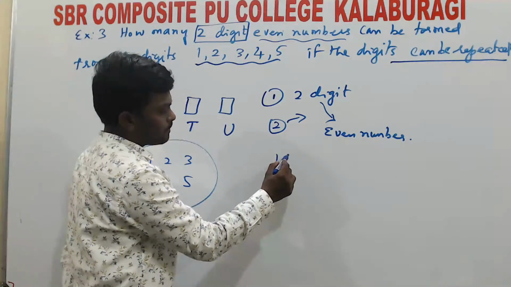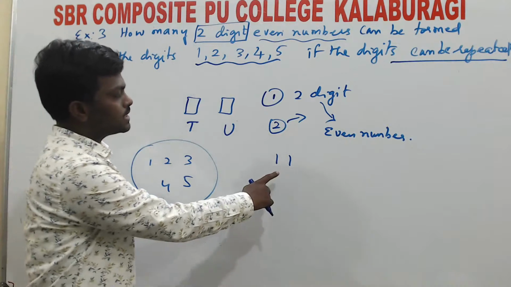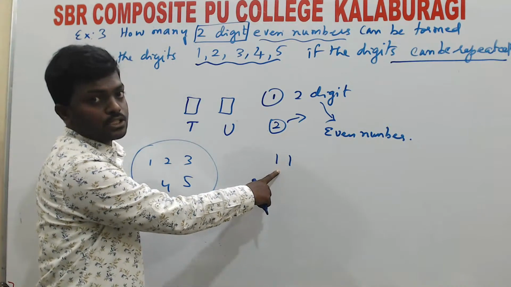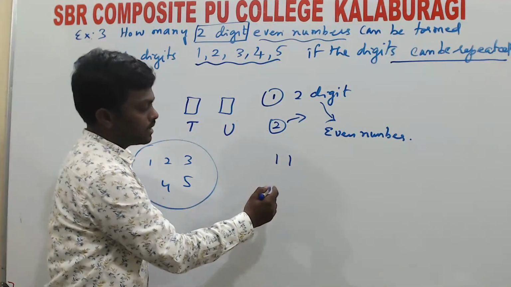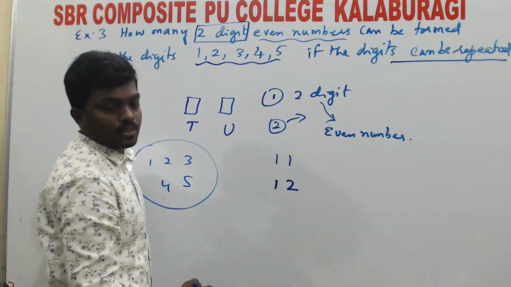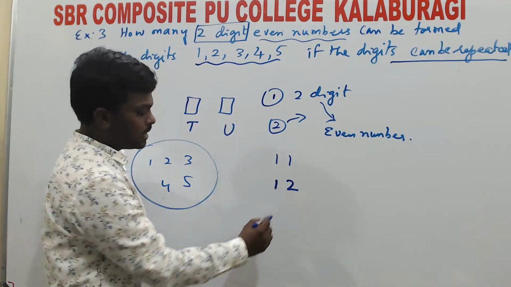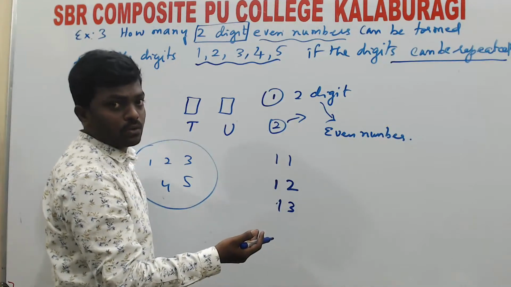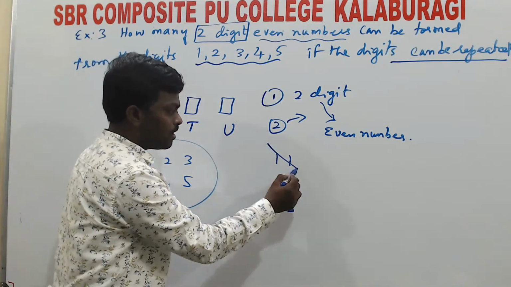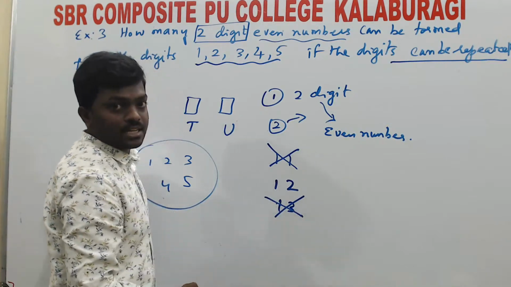Let's say 11, right? This is a two digit number, but it's not an even number. Okay, 12, right? This is also a two digit number, and also an even number. 13. Okay, hope you are understanding what I am trying to tell. So you cannot take this, neither can you consider this one.